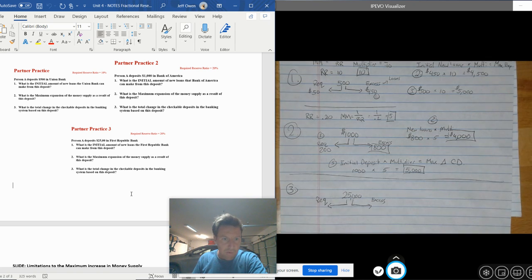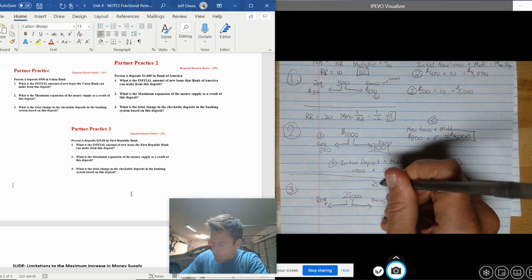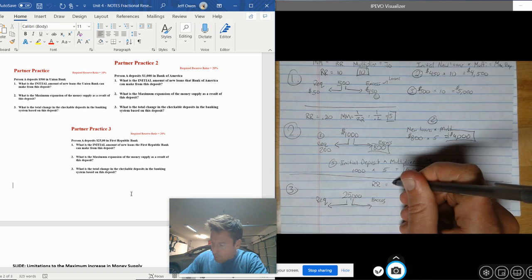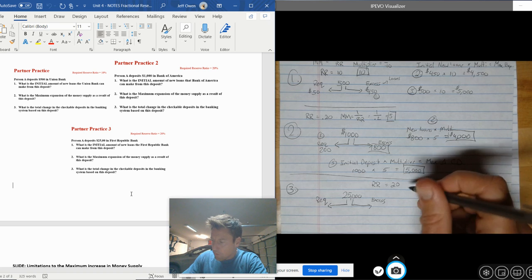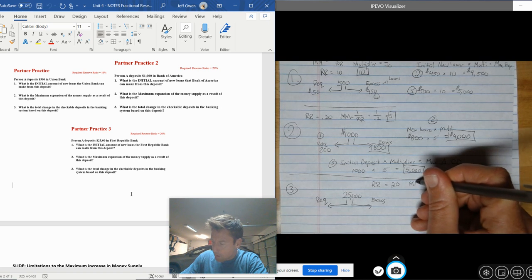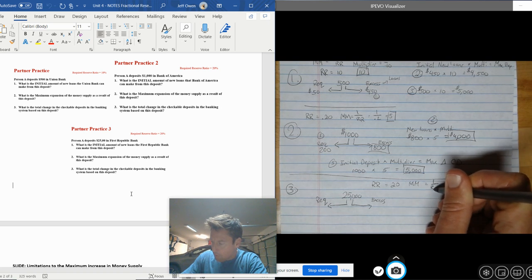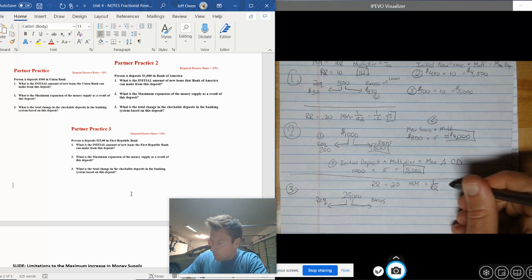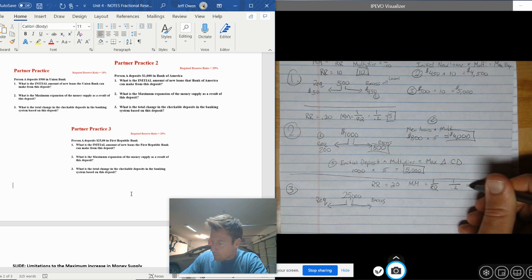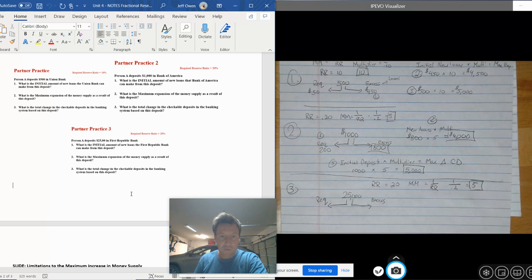So what's our reserve requirement? Our reserve requirement is 20% or 0.2, which means my money multiplier is 1 over my required reserve rate. So 1 over 0.2. Once again, my money multiplier is 5. So let's see.